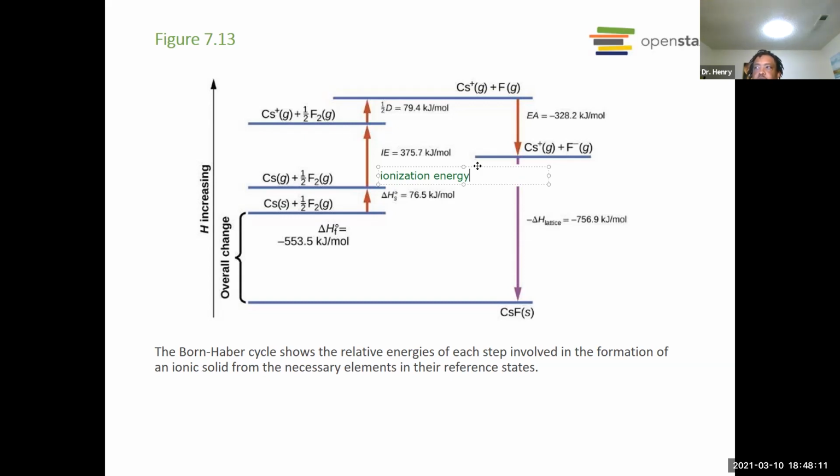And then we calculate the lattice energy for that formation. So if you take the difference between these, you get the total delta H of formation for that reaction, starting from here, going all the way to this forming.